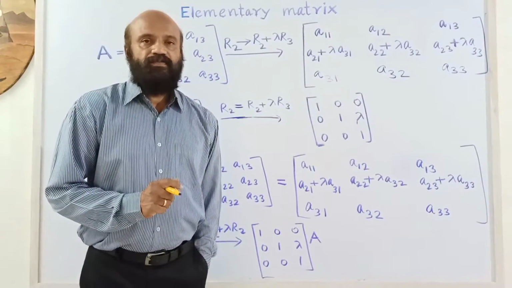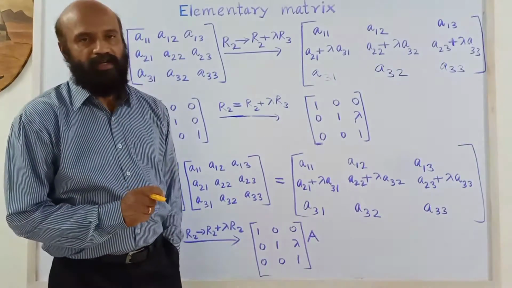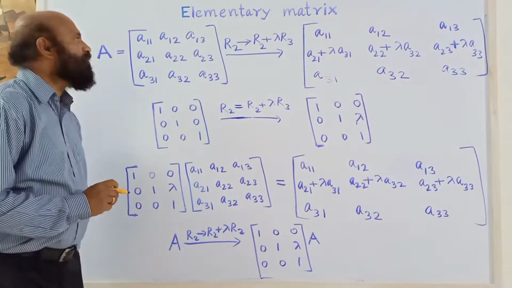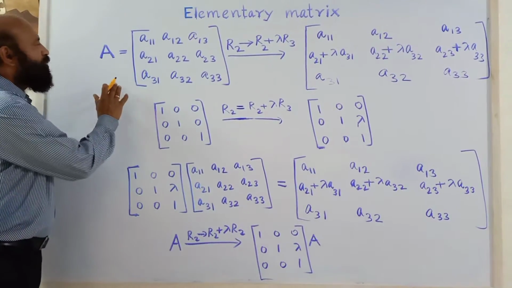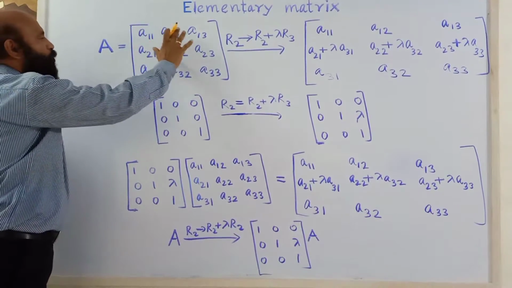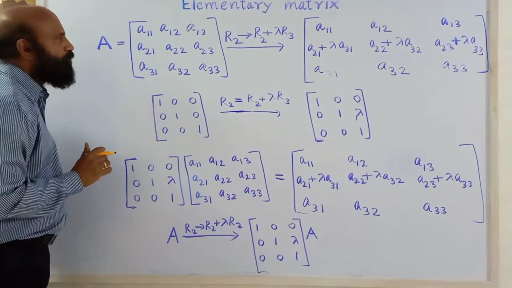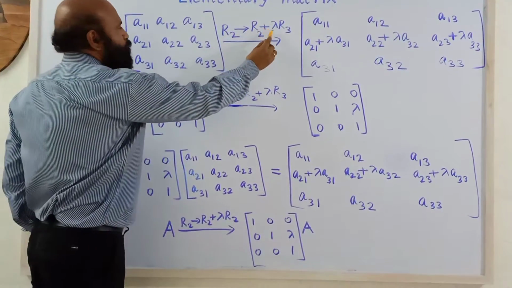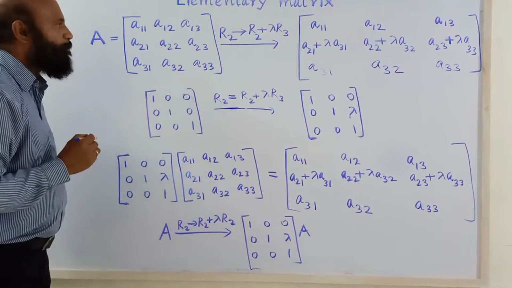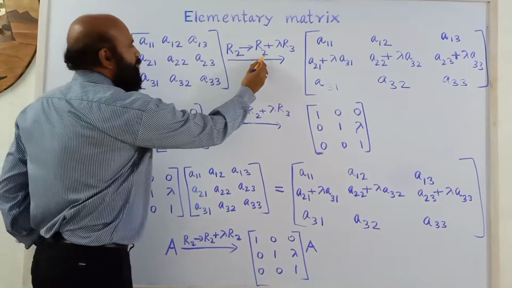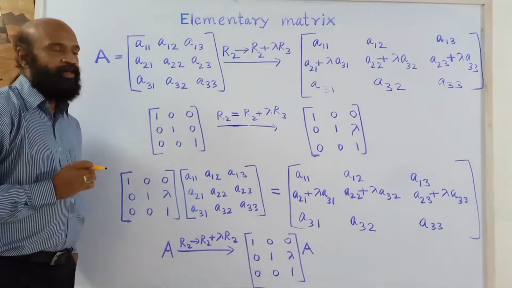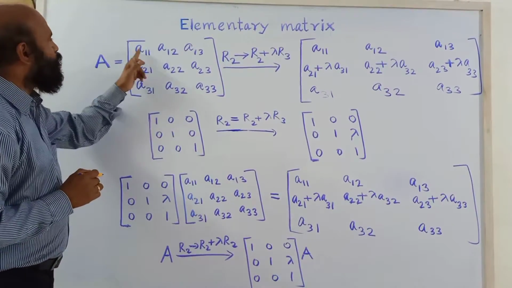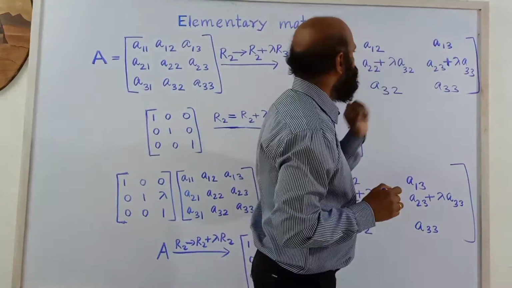You have seen the definition of elementary matrix. Now let us see the application of elementary matrix. Here there is a 3 by 3 square matrix. Do one elementary transformation on this square matrix. To the elements of the second row, you add the elements of the third row after multiplying by lambda. So first row, there is no change.